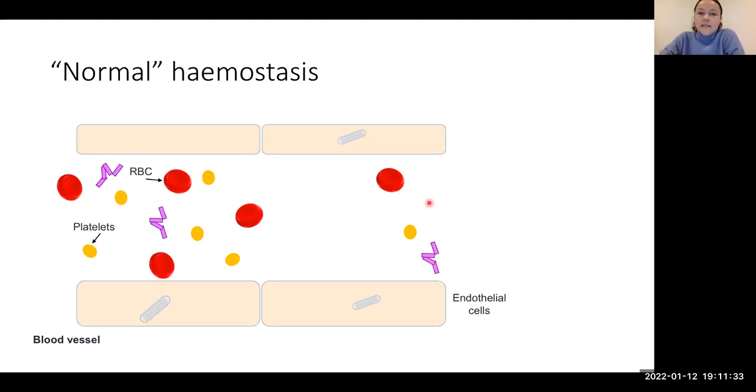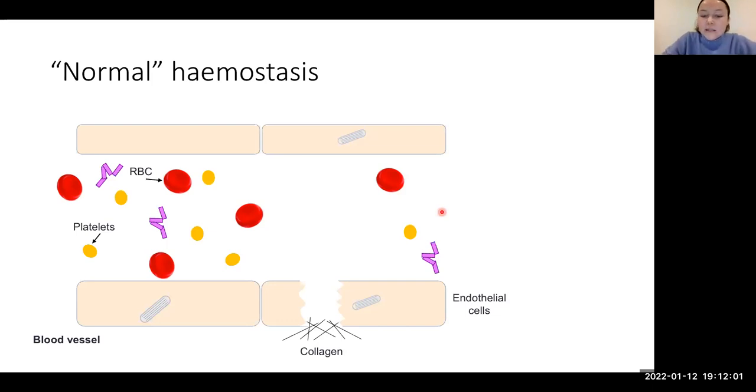In normal hemostasis, and by hemostasis I mean the process of stopping bleeding, there may be an injury, a disruption to your blood vessel, a cut, or there may be inflammation, a trigger, and this leads to exposure of a protein called collagen, which is underneath your blood vessels.